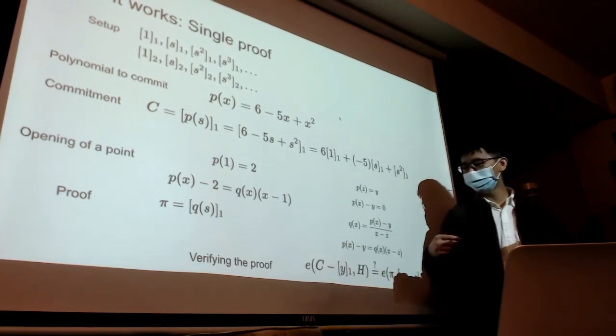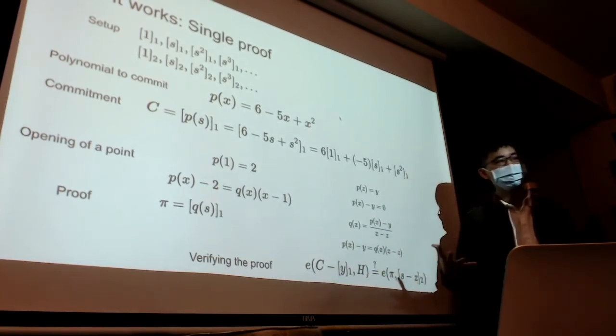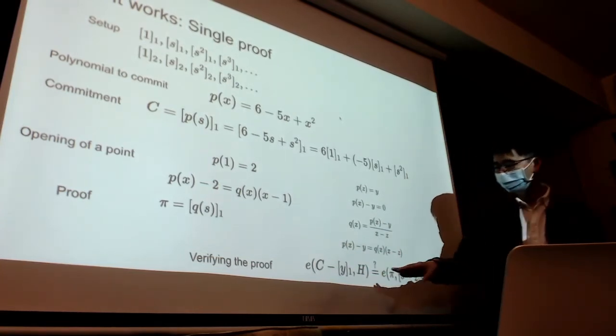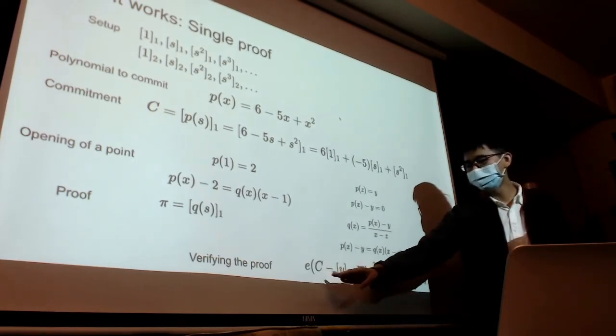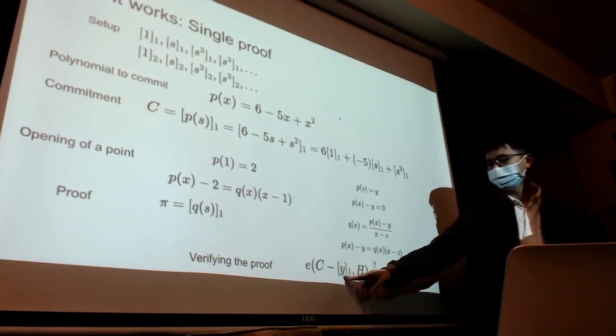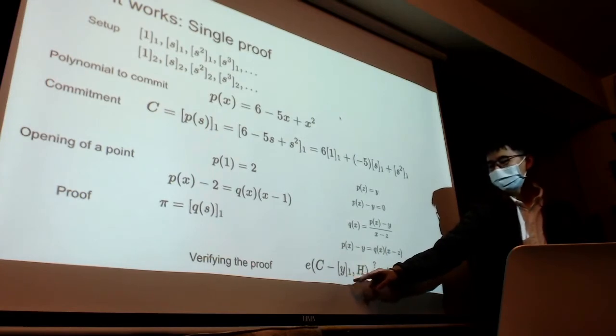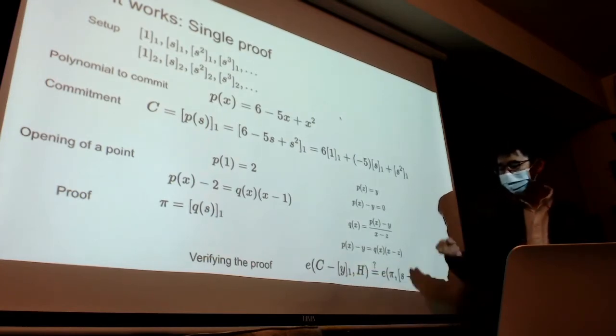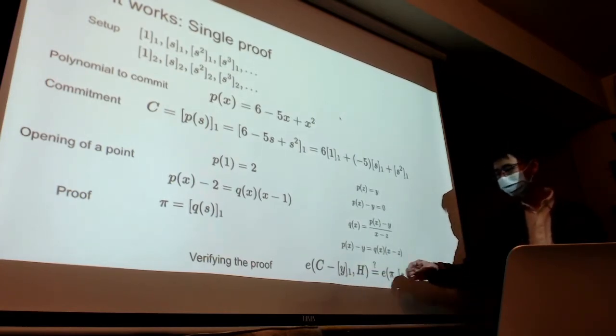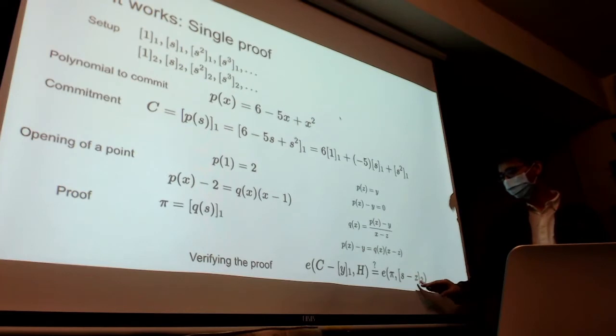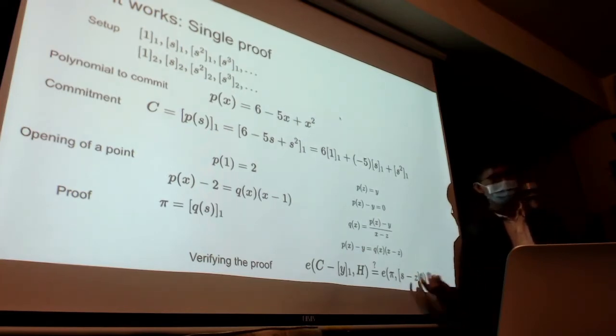The verifier needs to verify if your claim is correct. So they take the commitment, and also they take the evaluation Y in group 1. And this is the G2 generator. And then they take your proof and they compute this group element.